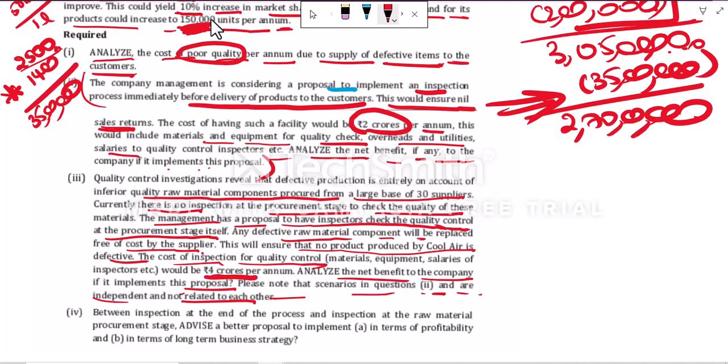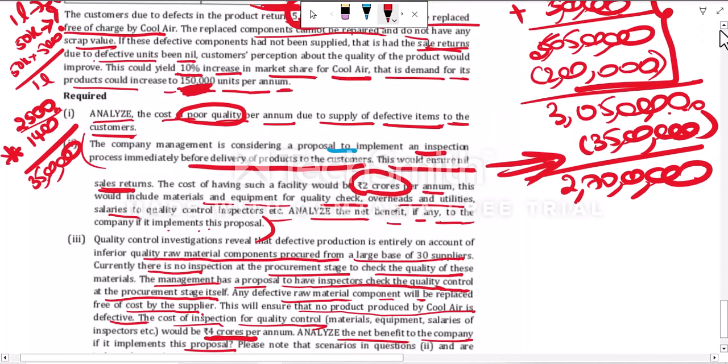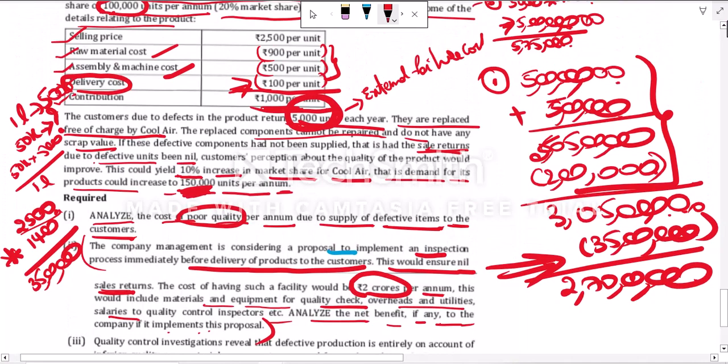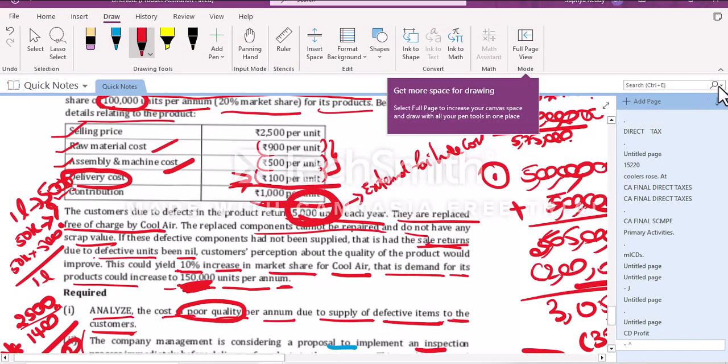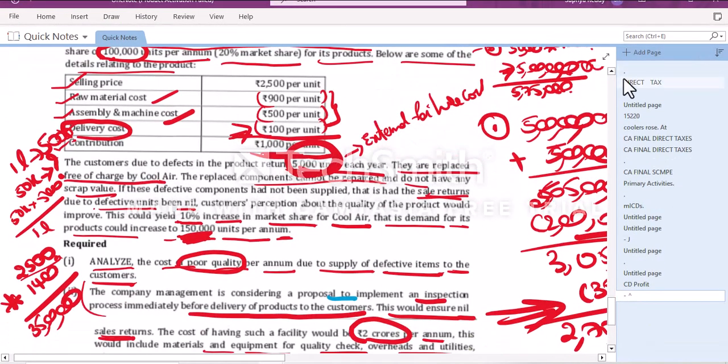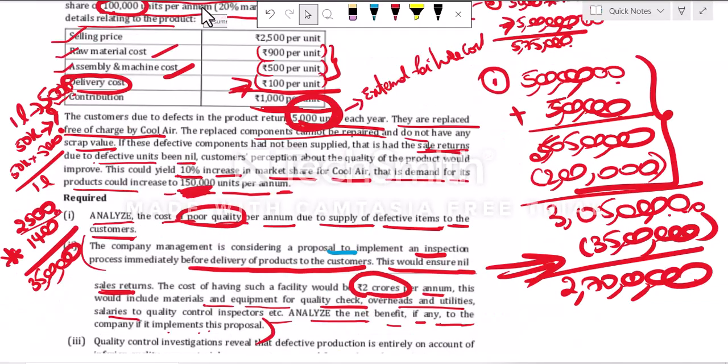See, this is the cost they were incurring, but what will be the benefit they will receive if they invest 4 crores? Obviously, this 50,000 extra units' lost contribution.